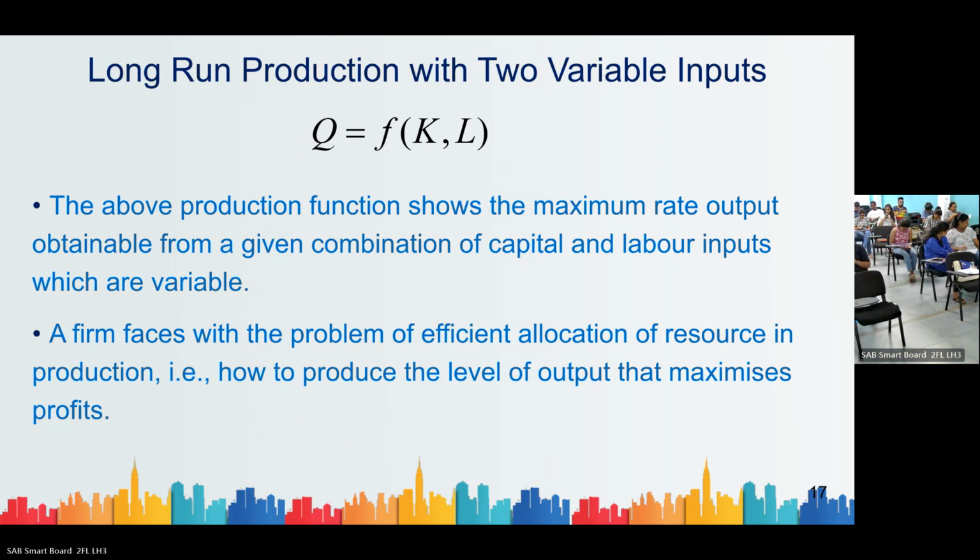Okay. Now we come to the part where we discuss long-run production theory. So far we assume at least one input should be fixed in the short run.